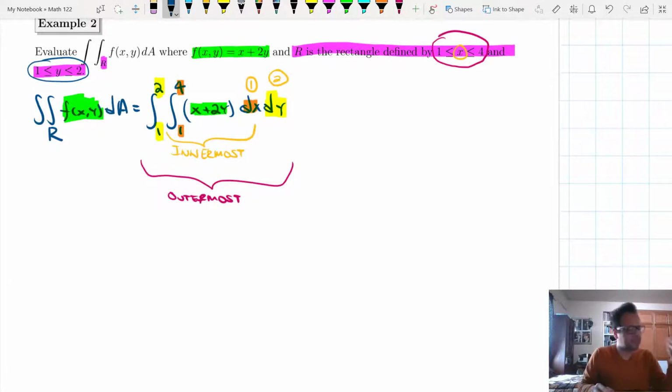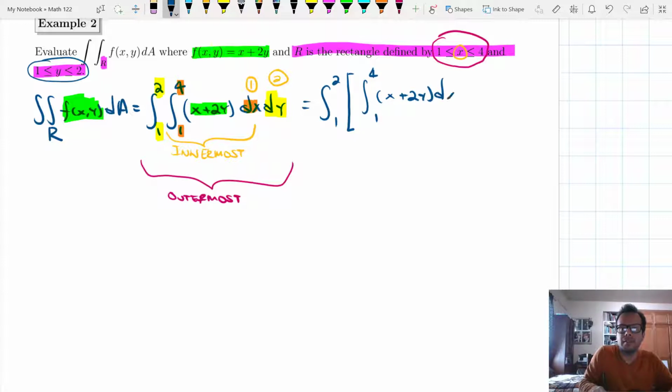After practice, you don't have to do this, but I like doing this at the beginning just so you can see how we are evaluating this integral. So I will open a big bracket so I can focus on the integral that we are going to evaluate first: x plus 2y dx, close the bracket, dy.